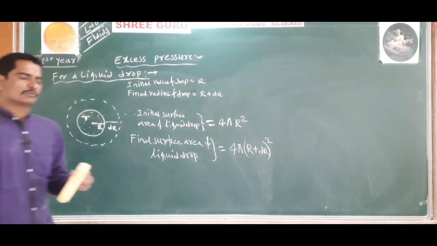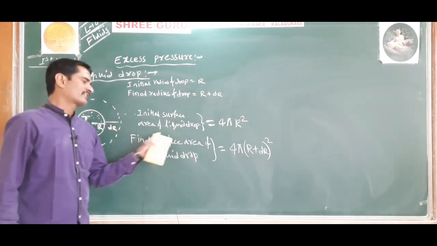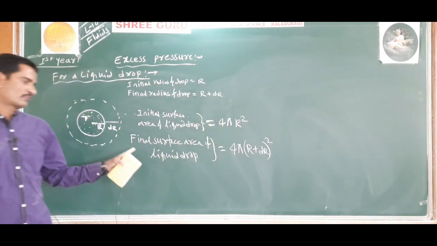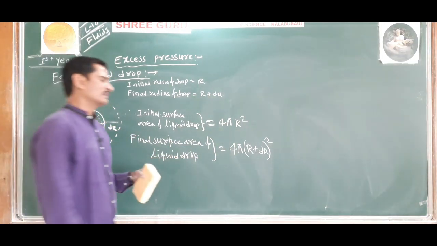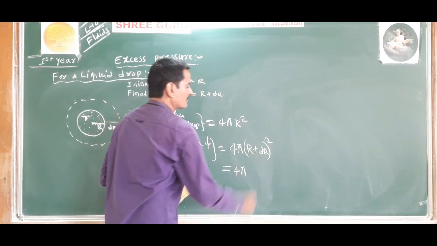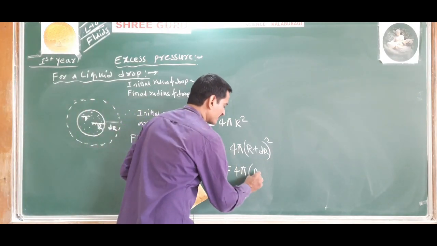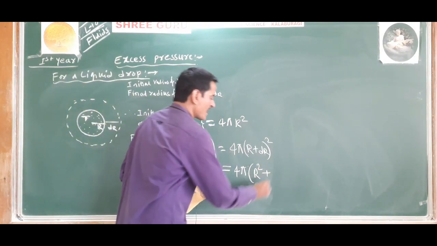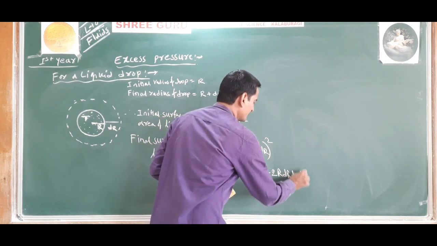The initial surface area of the liquid drop is 4 pi r square, and the final surface area is 4 pi (r plus dr) square. Using (a plus b) whole square equals a square plus 2ab plus b square.